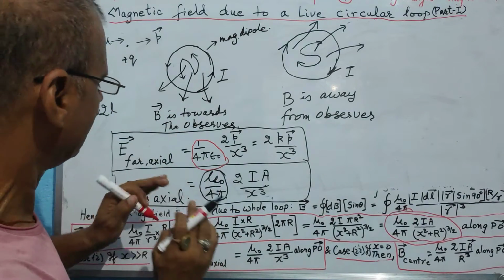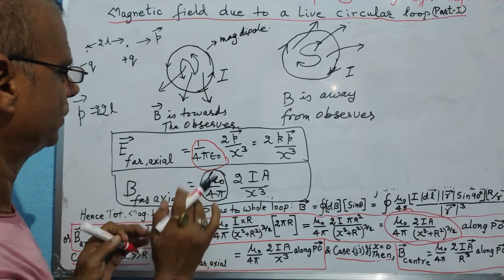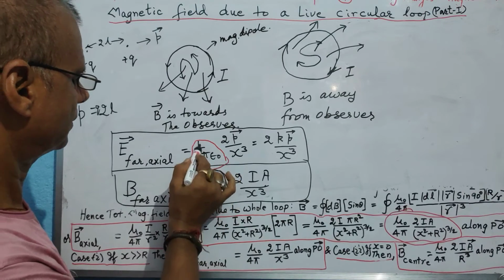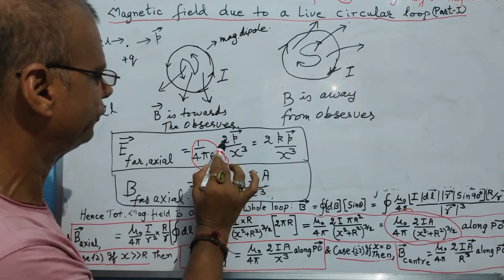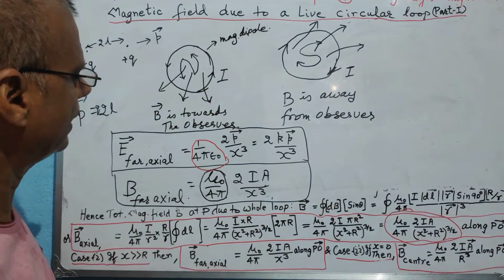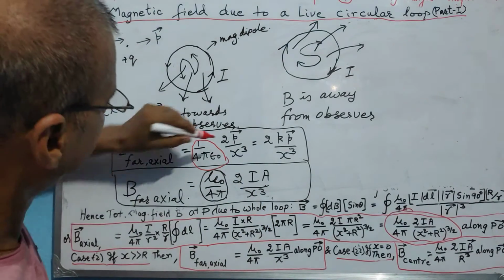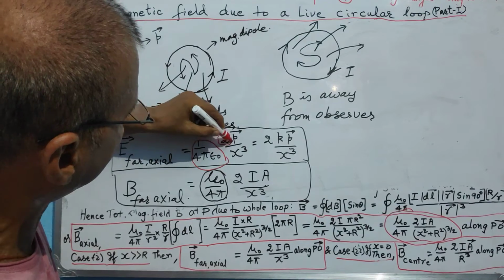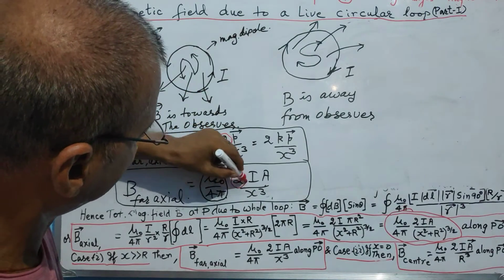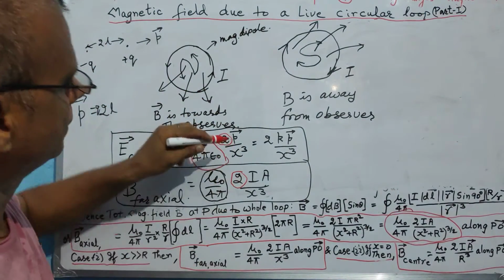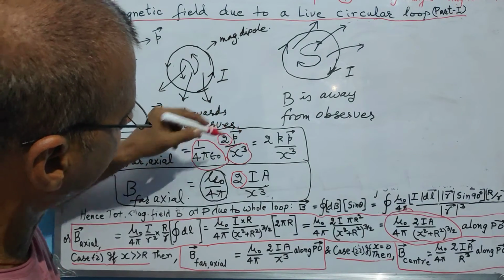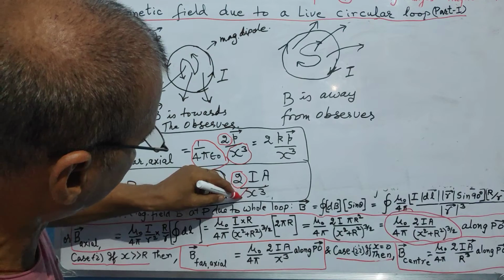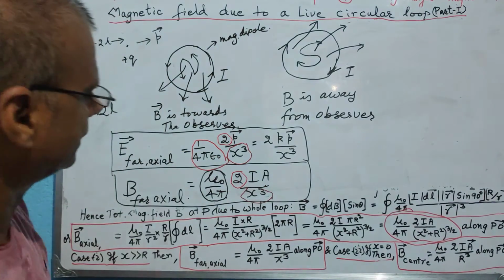We see they are there in their places. The factor 2 is there here, and the factor 2 is also here. In the denominator we have x to the power 3 in both.